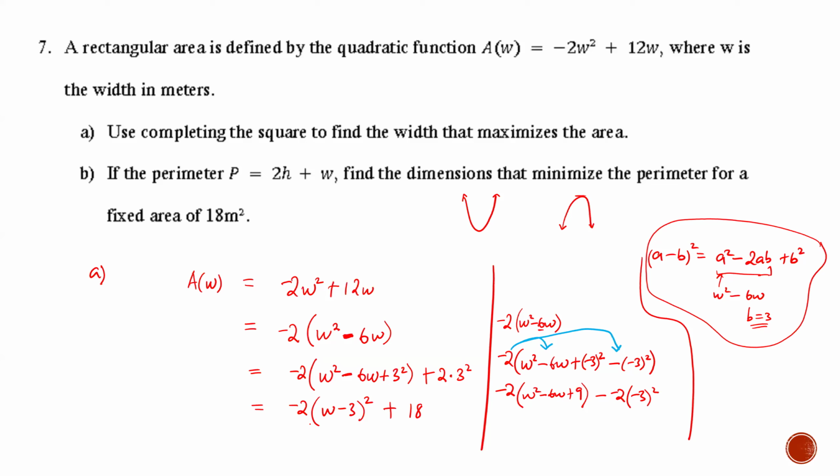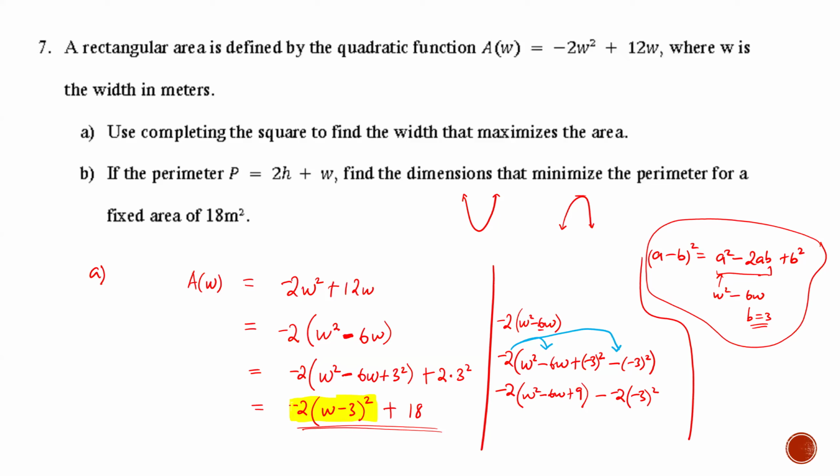Once we reach this point, realize that the square of any number is always non-negative. It's either 0 or positive. Because the square has a negative coefficient, this term will never be positive.